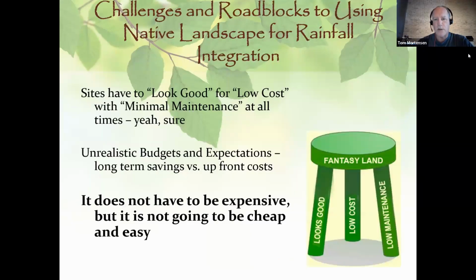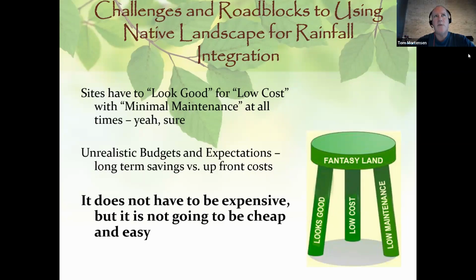It's an actual resource. So some of the challenges and roadblocks that I've encountered over the years in doing this type of work: there's this perception that sites always have to look good and they can't be expensive. We've got to do it low cost. And I always hear, I want low maintenance. It just makes my toes curl when I hear that, because I always say, well, there's maintenance and then there's higher maintenance, but low maintenance or no maintenance is just not even achievable.